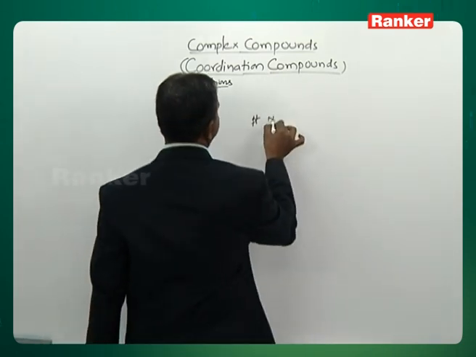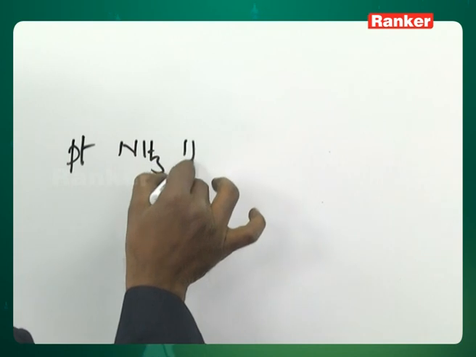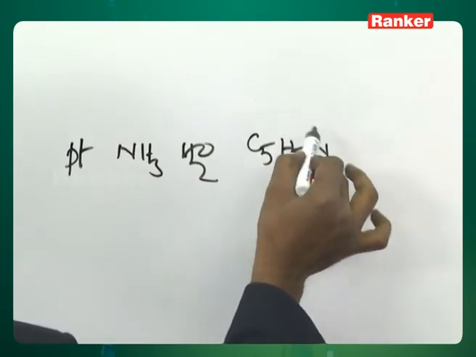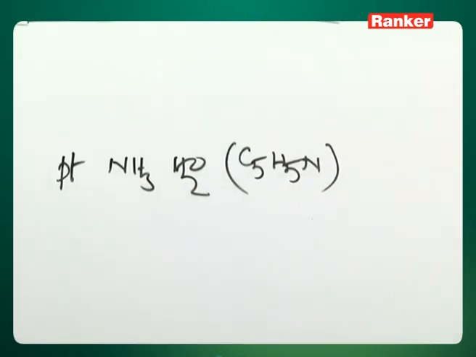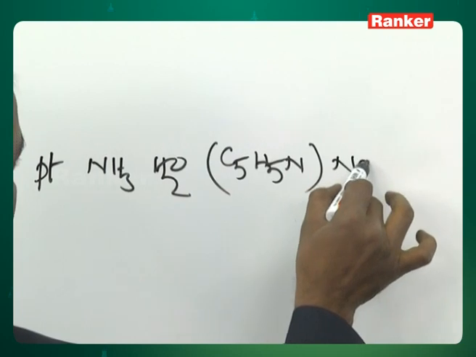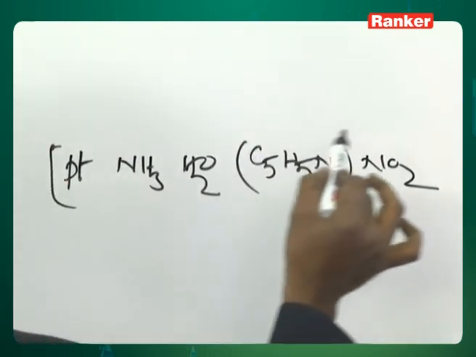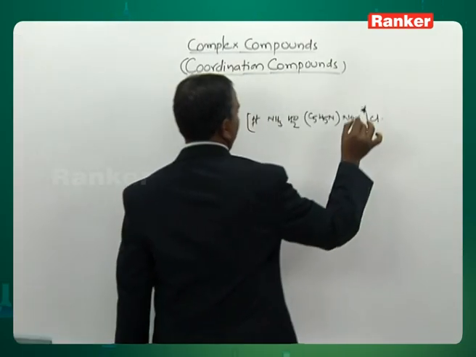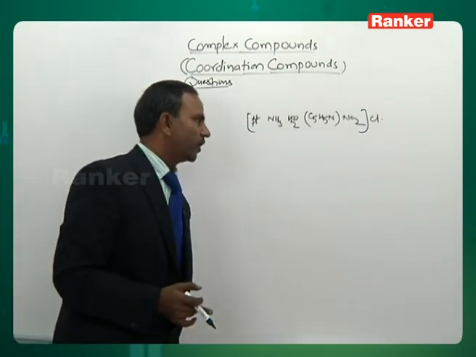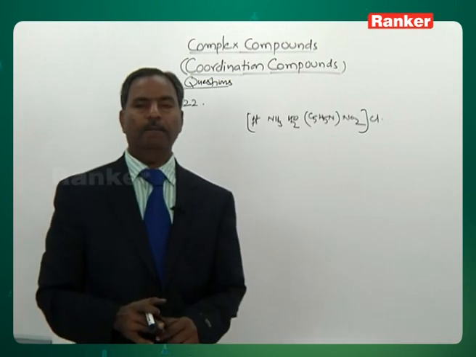Pt, NH3, H2O, C5H5N, NO2, Cl is the complex.